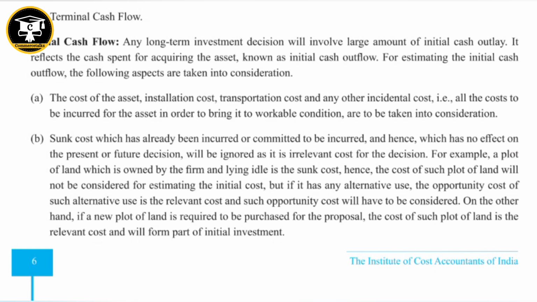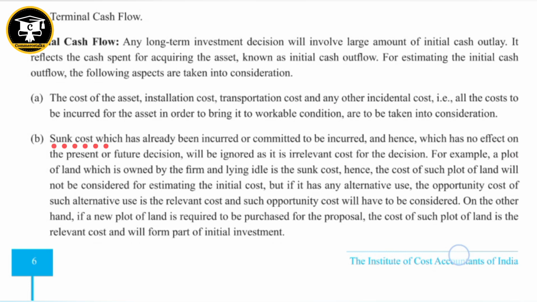Now we are moving on to the next topic, that is different types of cash flow. It can be categorized into three: initial cash flow, subsequent cash flow, and terminal cash flow. Initial cash flow simply means an investment outflow. It includes all types of asset cost, installation charges, transportation cost, and incidental charges related to that.